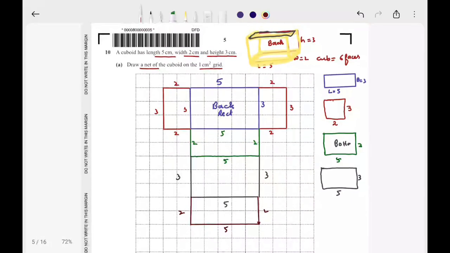Students, just have a look once again. So there are 6 faces. The back one, the right rectangle, and this is the left rectangle, and this is the bottom rectangle, and this is the front rectangle, and this is the top rectangle.